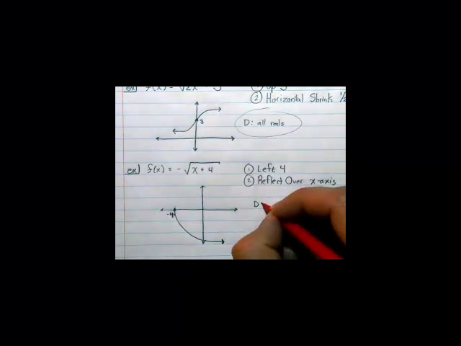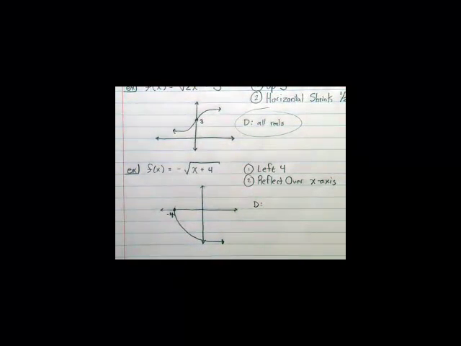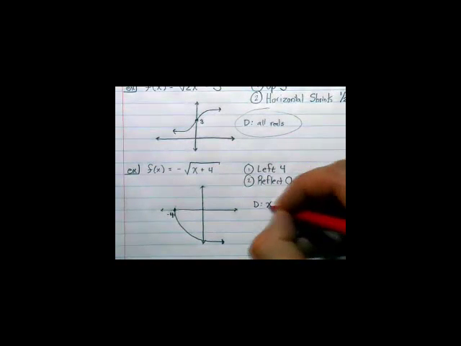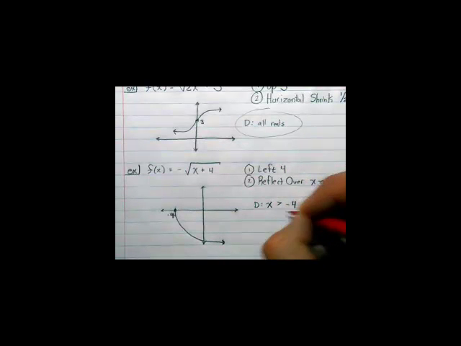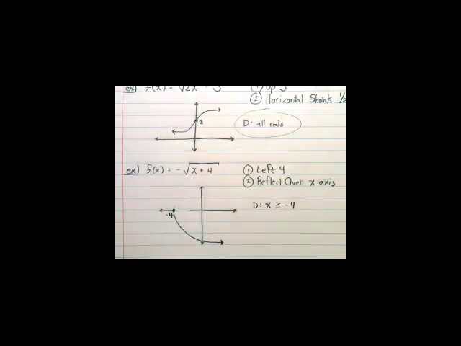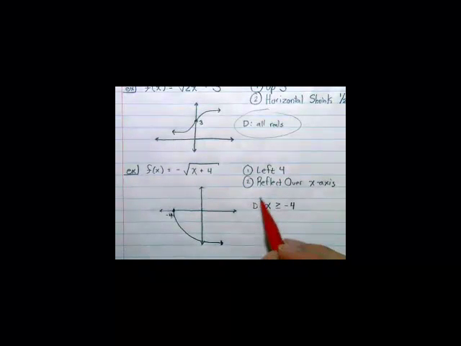So how could I write that as an inequality? Greater than -4, I think. Or equal to. There you go, because it can be equal to -4. That's okay, because that point is still part of the graph. So x greater than or equal to -4 would be that domain. Okay?